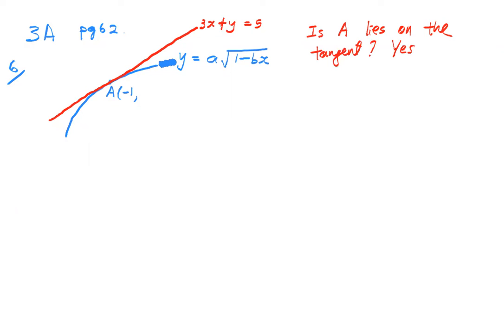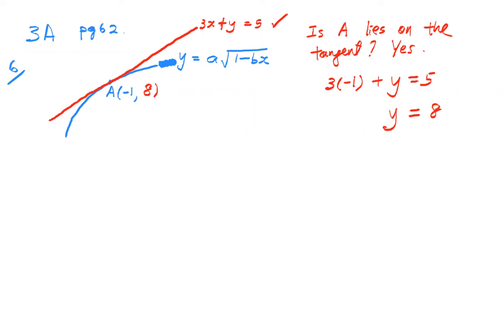If yes, that means the relationship between the coordinates x and y will follow this. So I can write down 3 times -1 plus y equals 5. So the coordinate y for point A is 8. So I know already. That is how I get my information.